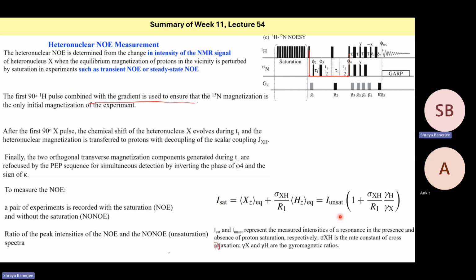This can be correlated to the intensity when the 1H channel is unsaturated, that is, the saturation pulse is not there. So I saturation is I unsaturation times 1 plus sigma xh by R1 times the ratio of gyromagnetic ratios of H and X. So with this formula, you can relate the intensity when the saturation pulse is there and the intensity when it is not there.